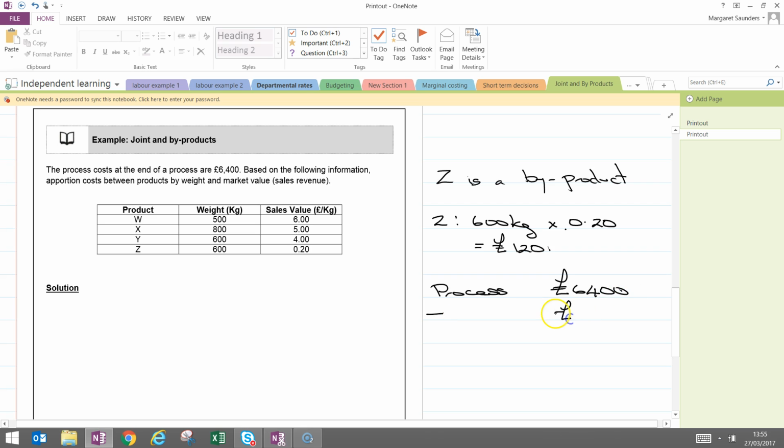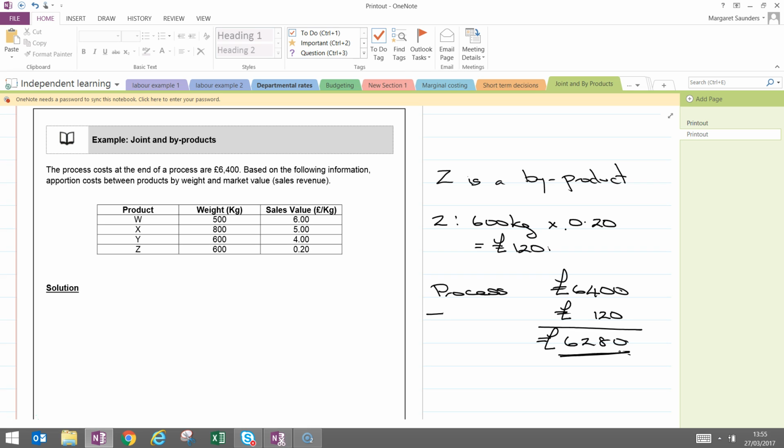Reduce that by the scrap value of 120, and that leaves us with 6280. So that's our process costs that needs to be apportioned across our joint products, W, X and Y.